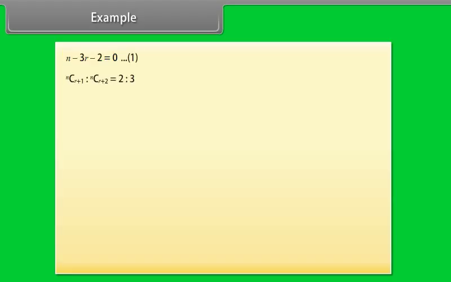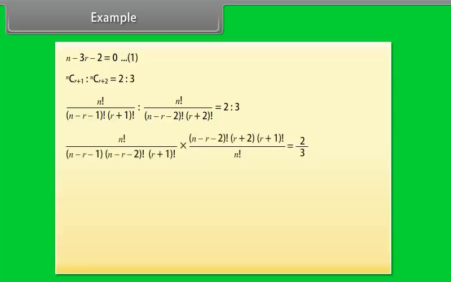Name it as 1. nCr+1 : nCr+2 = 2 : 3. n factorial by (n minus r minus 1) factorial into (r plus 1) factorial is to n factorial by (n minus r minus 2) factorial into (r plus 2) factorial is equal to 2 is to 3. n factorial by (n minus r minus 1) into (n minus r minus 2) factorial, (r plus 1) factorial multiplied by (n minus r minus 2) factorial into (r plus 2) into (r plus 1) factorial by n factorial is equal to 2 by 3. (r plus 2) by (n minus r minus 1) is equal to 2 by 3. 2n minus 5r minus 8 is equal to 0.